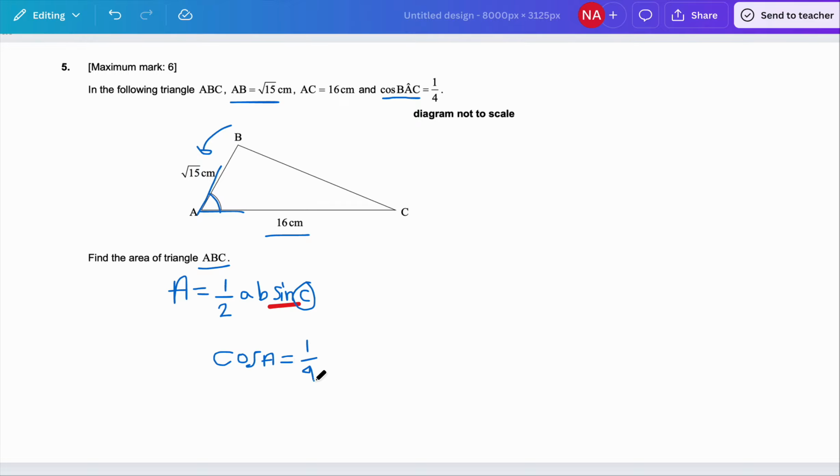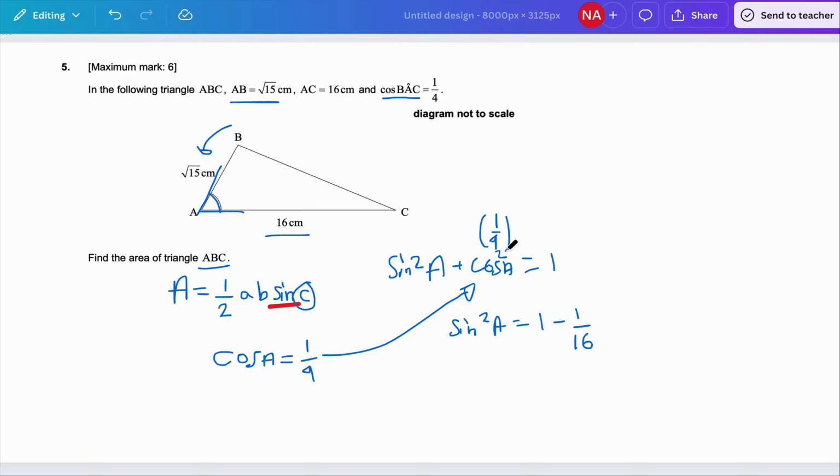One way is just using the Pythagorean identity, where sine squared A plus cos squared A is 1. We'll put this 1/4 into here, and subtracting it on the other side, we get sine squared A equals 1 minus 1/16. Now I've got that because you have to do 1/4 squared and then subtract it on both sides.